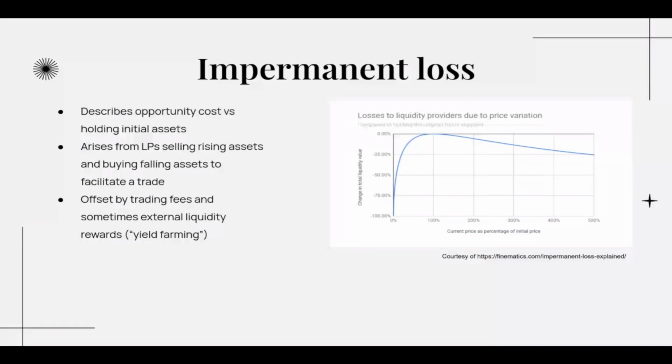It's just compared to initially holding. So if something like Ethereum gets a lot more valuable, and you have a position of half USDC, half Ethereum, you're not going to lose money from your initial position. You'll gain money because Ethereum's going up in value. But you could have gained more if you just held in a lot of cases.